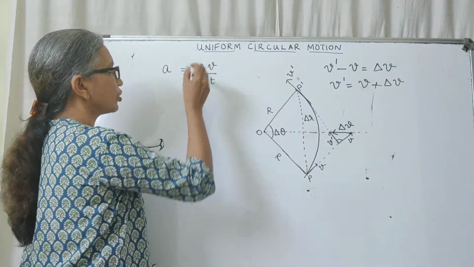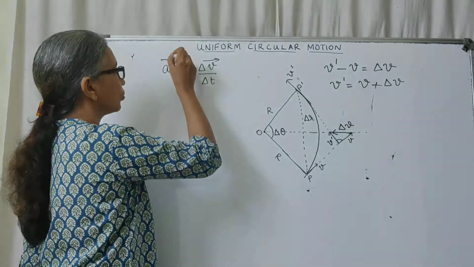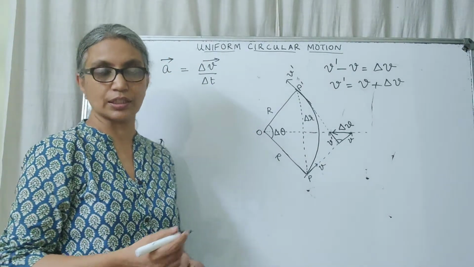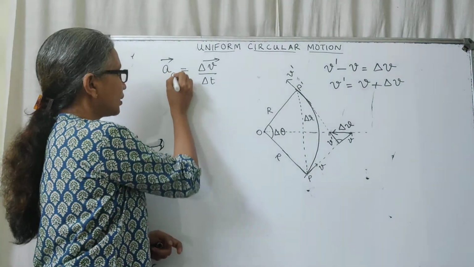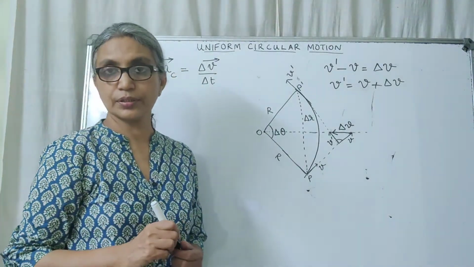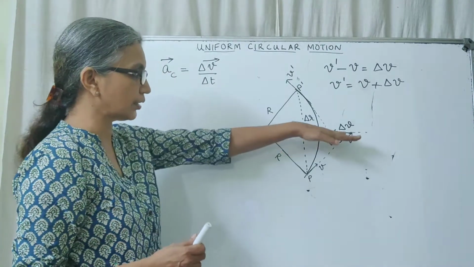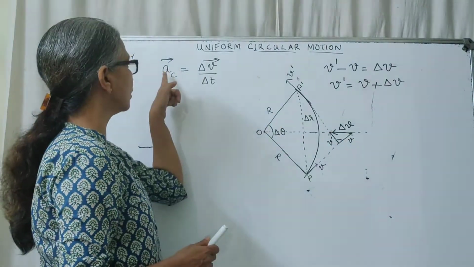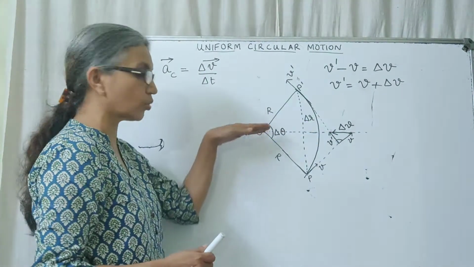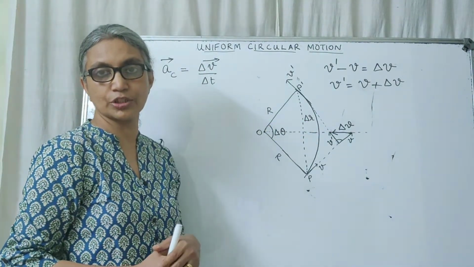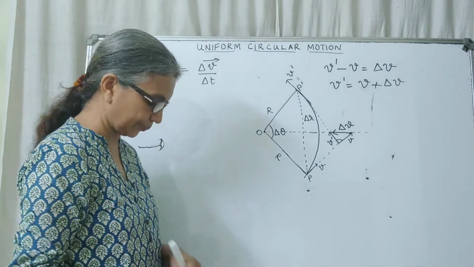That means the acceleration of the particle is also towards the center. So it is called the centripetal acceleration, denoted by a c. The word centripetal in Greek means center seeking. Because delta v is towards the center, the acceleration of the particle is also towards the center, and therefore we call that acceleration centripetal acceleration.